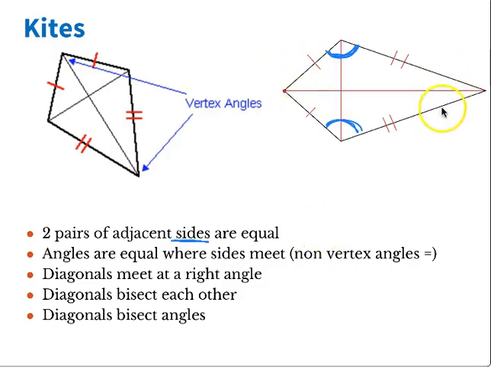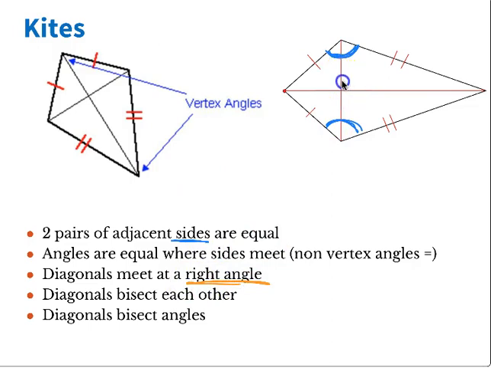This angle and this angle are not congruent. So we only have one set, and that's where our two unequal sides meet the vertex, those are the two angles that are going to be equal. Your diagonals are going to meet at a right angle.